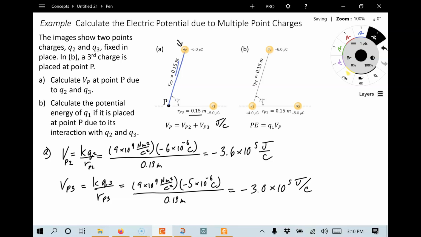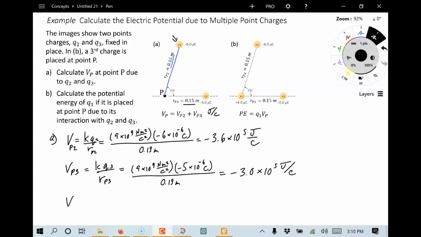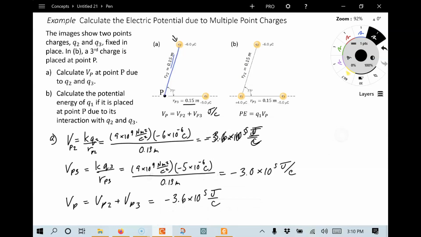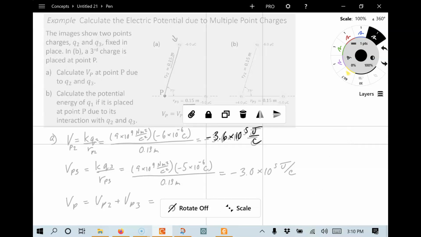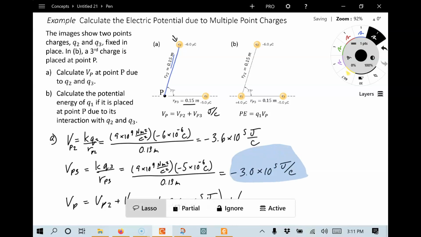joules per coulomb. Now finally, to get the electric potential at point P due to both charges, we just need to add the individual contributions from each point charge. So here's the first one, plus here's the second one.